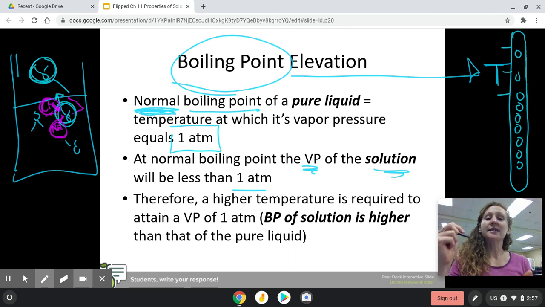And so when a solute is dissolved in water, it's going to hold the water molecules in there until a higher temperature is reached. And that's what the colligative property of boiling point elevation is. When a solute is dissolved in your solution, a higher boiling point is needed for the substance to turn from a liquid into a gas. So the colligative property is boiling point elevation.